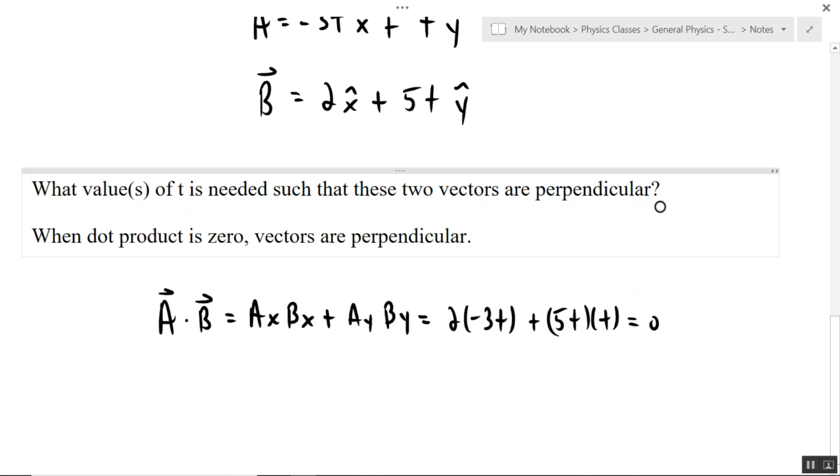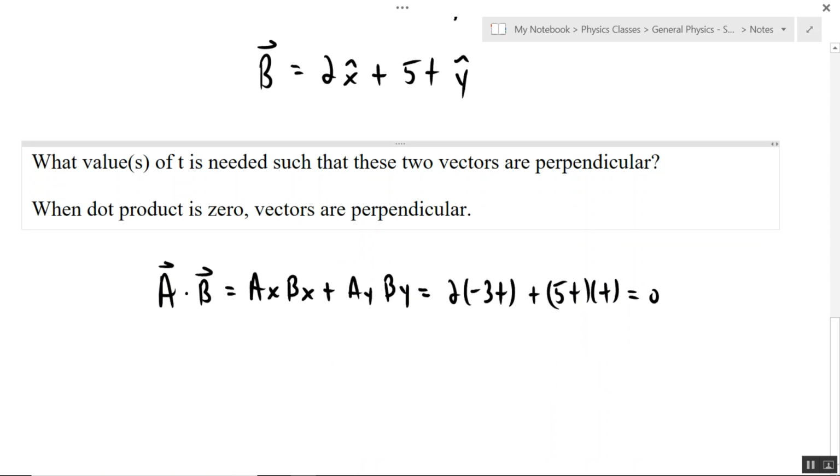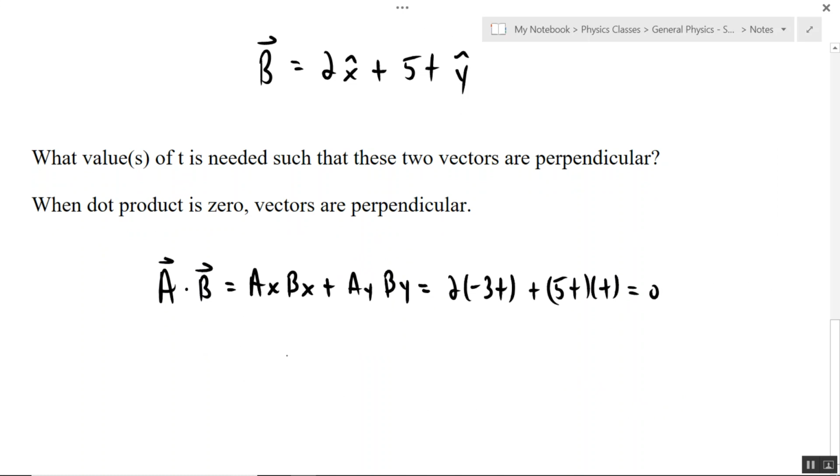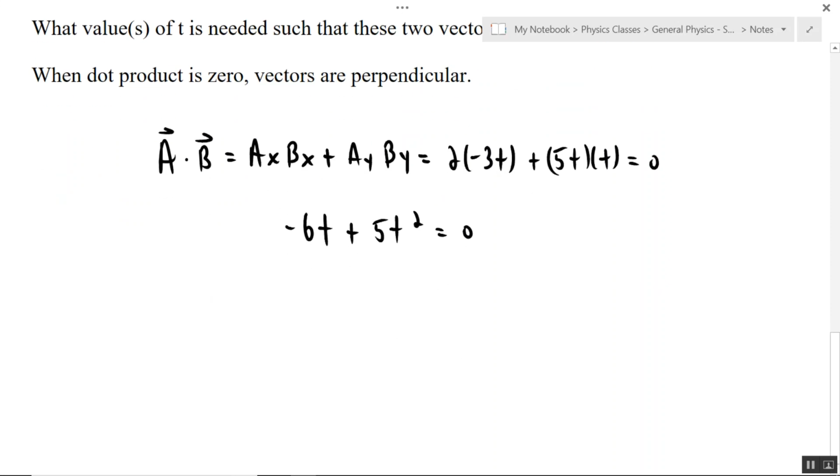So that they're perpendicular. That's the whole point. So what you get is minus 6t plus 5t squared is equal to 0. So what you can do is you can factor this. So you factor t out, you get minus 6.